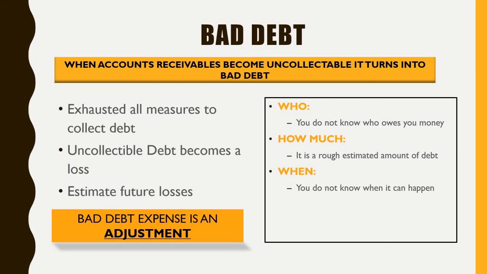Because at the end of the year, your assumption is that if you decide that you are allowing your customers to owe you money, you are assuming that you are at risk because not everybody will pay you. So when we talk about bad debt expense, it happens at the end of a given period. It's an adjustment entry.